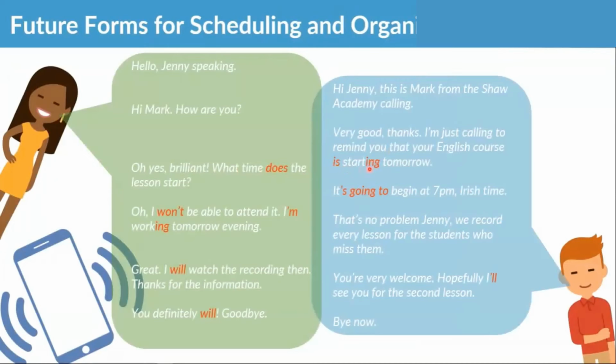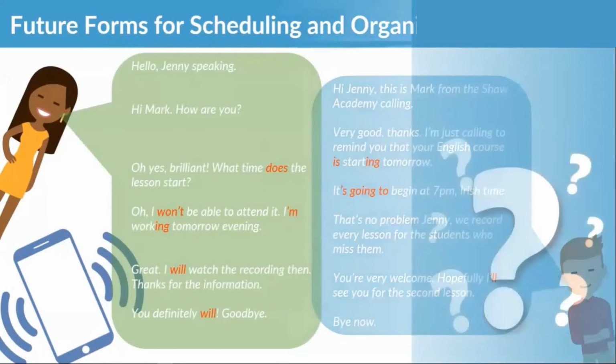Your English course is starting. We have going to. We have the future simple. Will not or won't. Lots of different ways to talk about the future. And you can see how naturally they are used in conversation. And we use different ones in different situations.